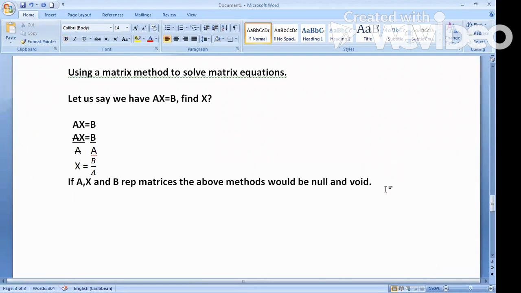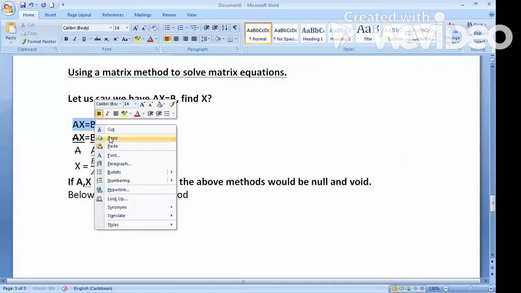Below is the matrix method. I'm going to use the same A, X, and B, but guess what?